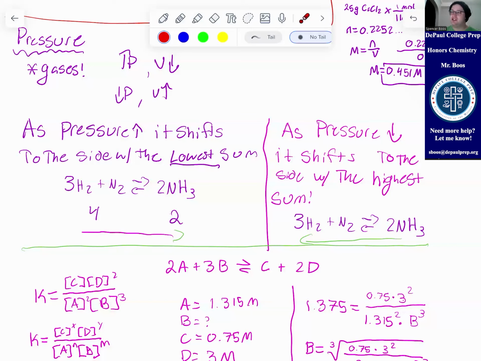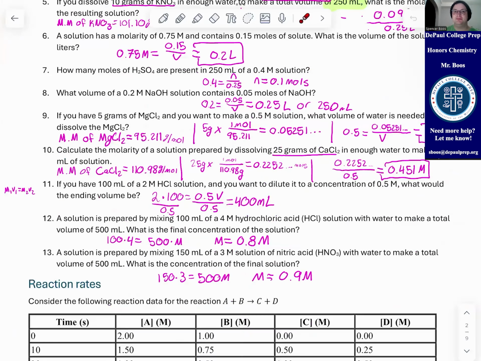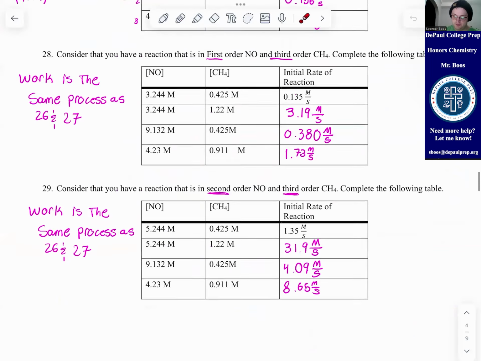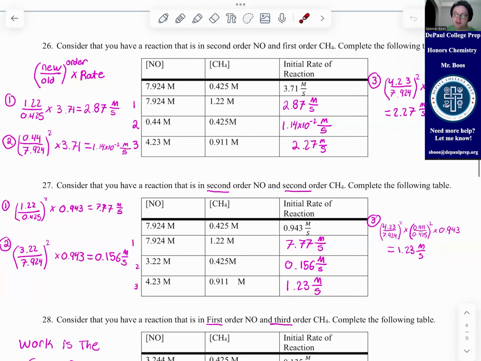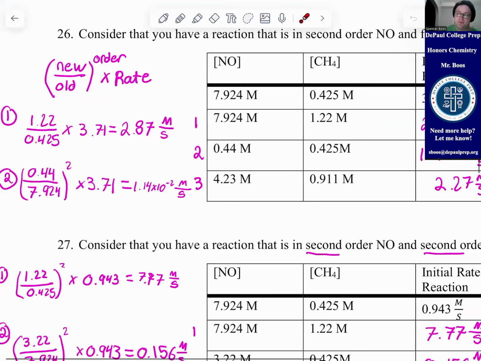How would you solve questions 26 through 29 in the study guide? Let's hop over to the study guide real quick. I went through it pretty clearly, but I'm happy to go over it. Essentially, this is the equation you'll need for these first two.